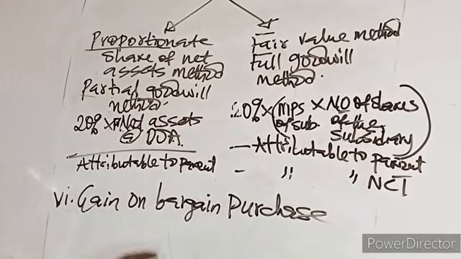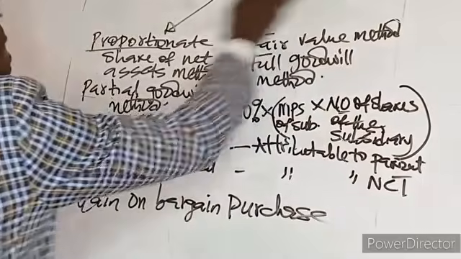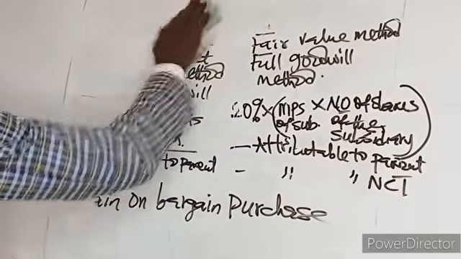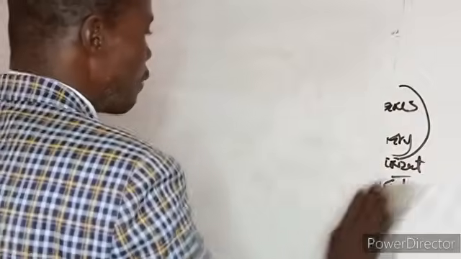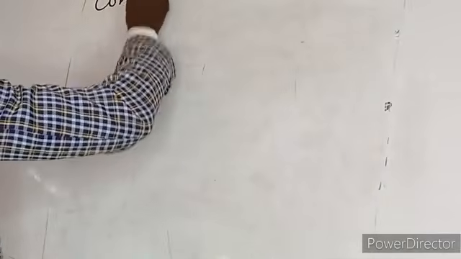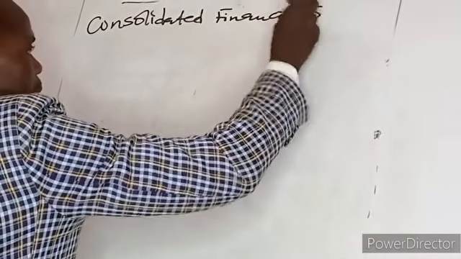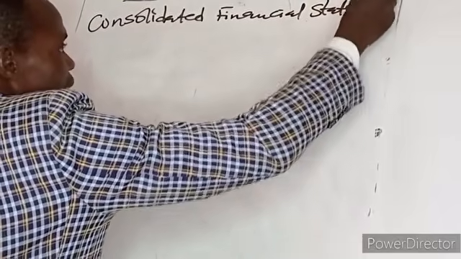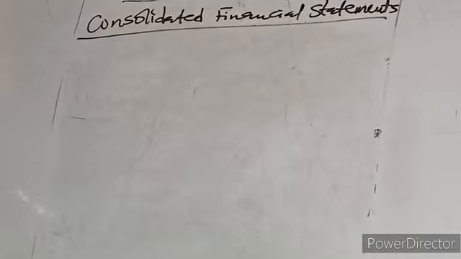Number 7. These are the terms that will be used hitherto in this lecture. What are the steps for preparing the consolidated statement of financial position? Before I go into the steps, what do you mean by consolidated financial statements?